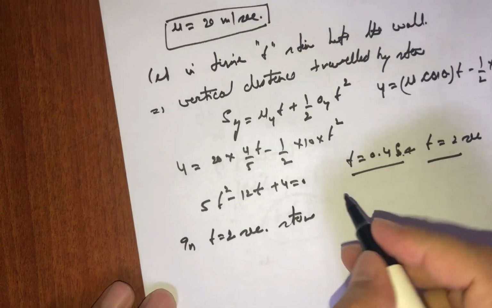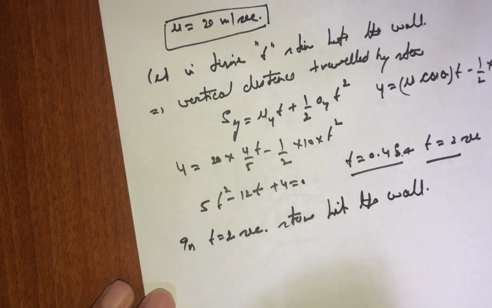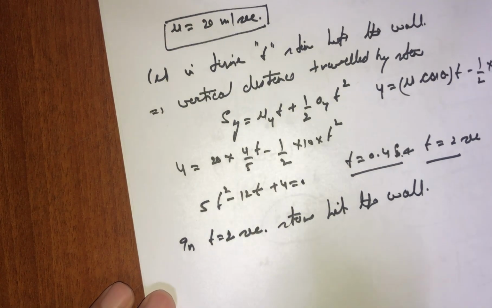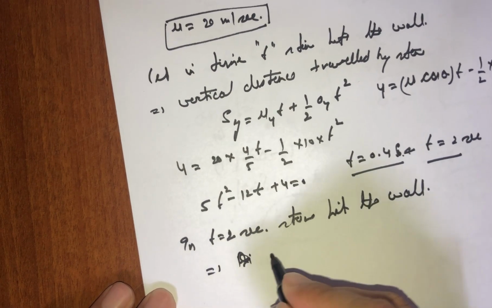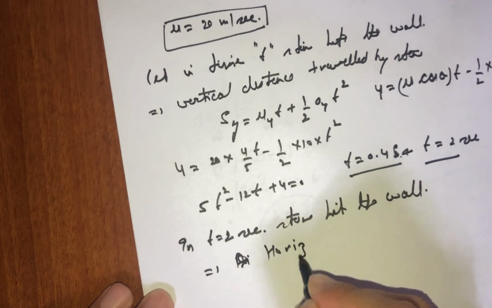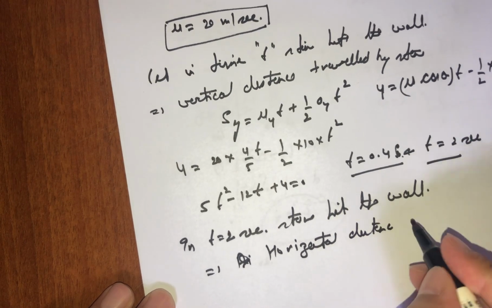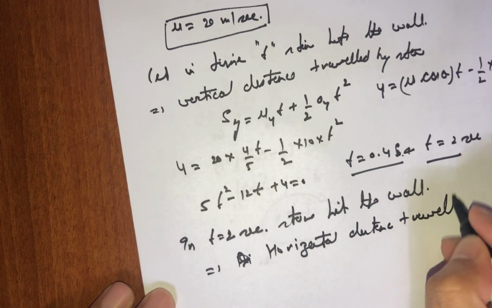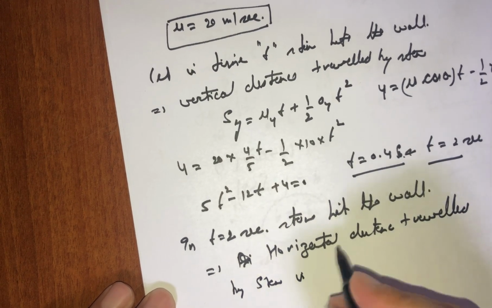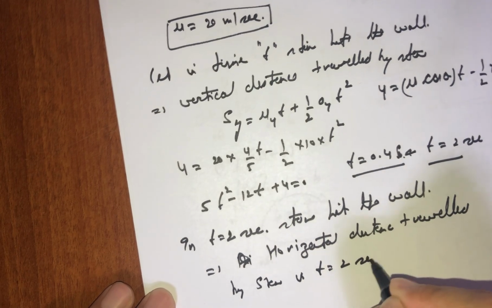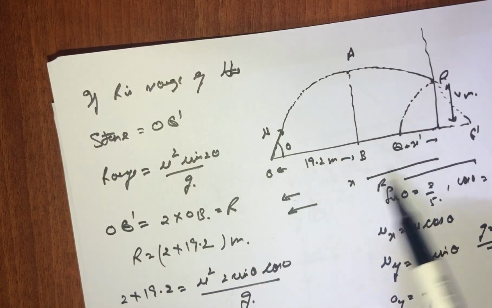Stone hits the wall. So we can say the horizontal distance traveled by the stone in t is equal to 2 seconds, and we already defined that this distance is x.